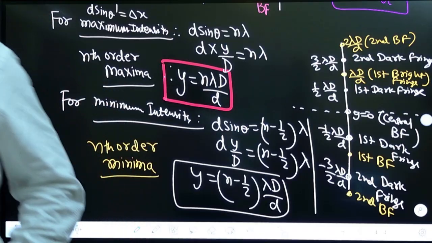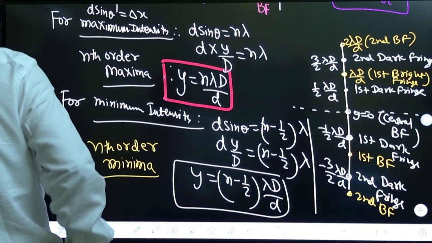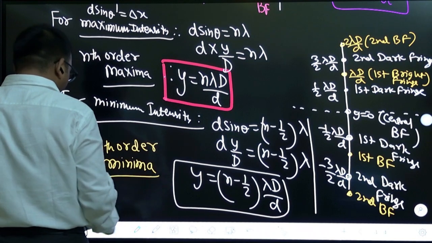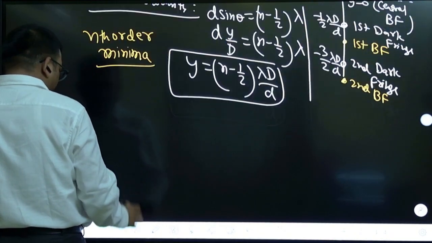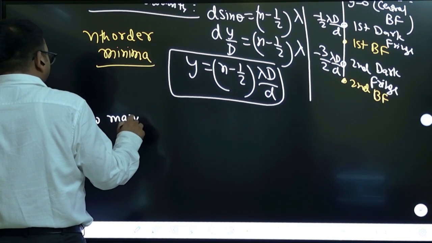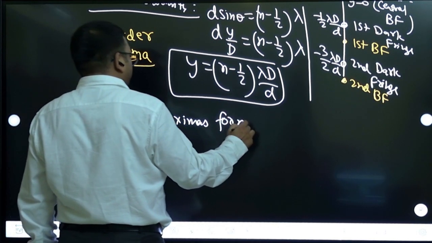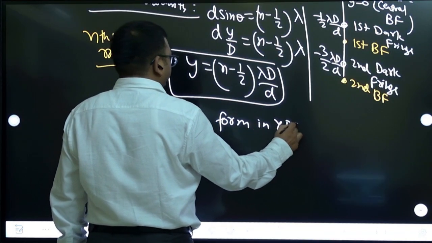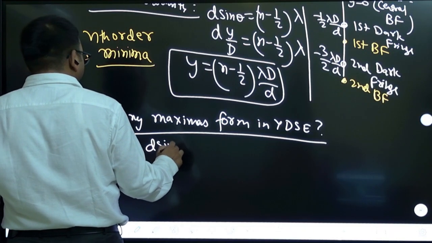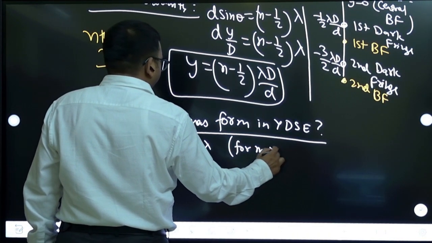Now, sometimes a question will come: how many maximas can happen and how many minimas can happen. Look at this formula, d sin theta equals n lambda. They may ask how many maxima form in YDSE. This is the condition for maxima.